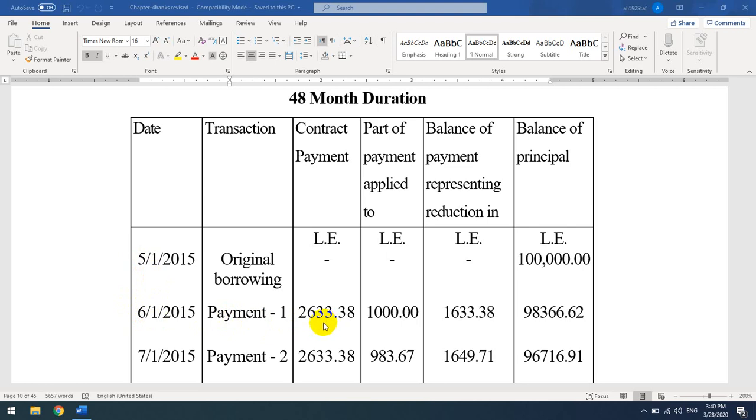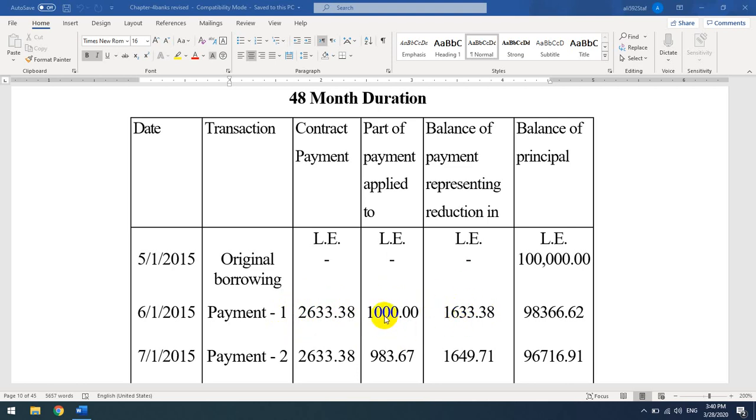The monthly payment has to be equal, and equals 2,633.38 pound. Part of this amount is applied to interest and another part to the principal.